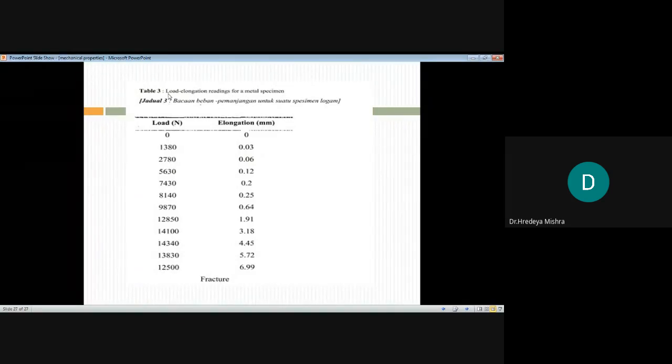In the load elongation reading for a metal specimen, there is a load and an elongation in mm. So what happens? We can choose xy as per the given load. Here you can easily see this is the x direction and this is the y direction. Okay.